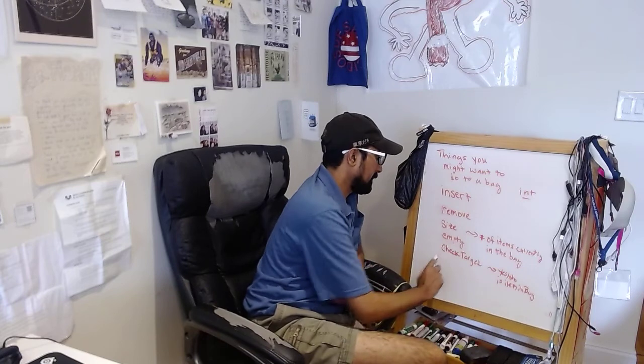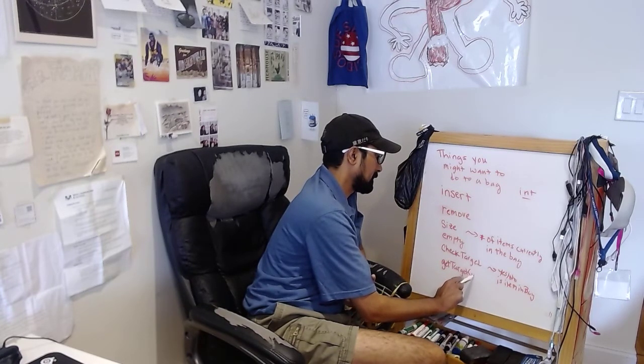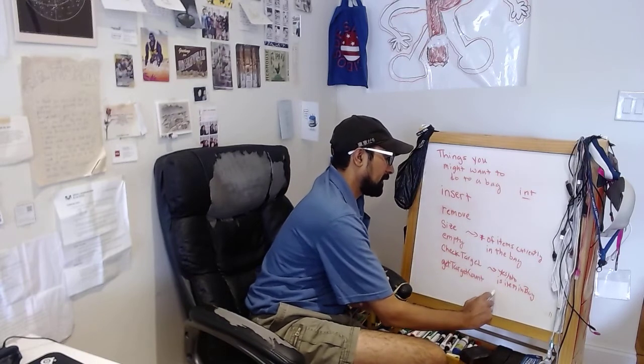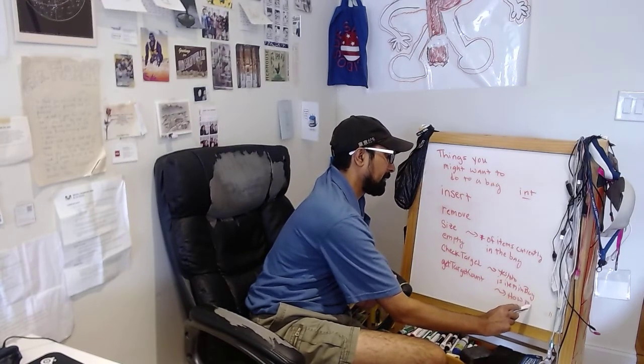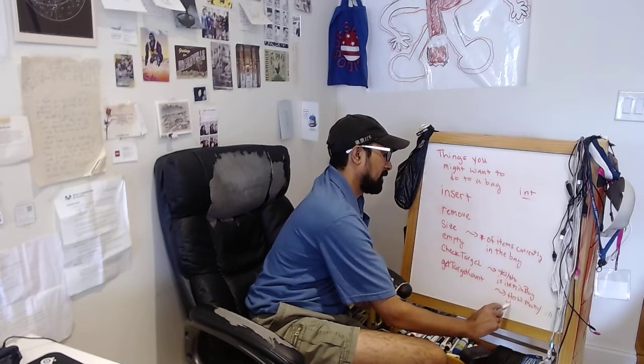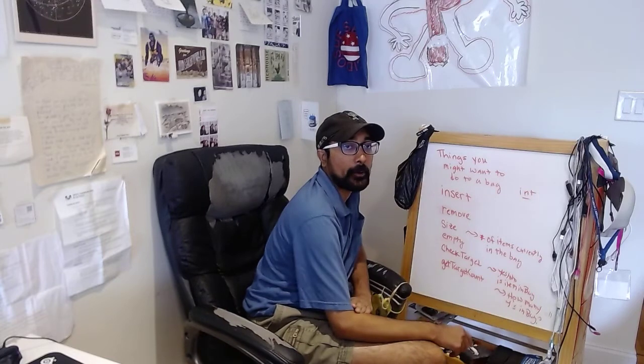And finally, we can get target count, which is how many of a particular item is in the bag. Like how many 4s are in the bag. 4s in bag, for example, or something like that. Okay?